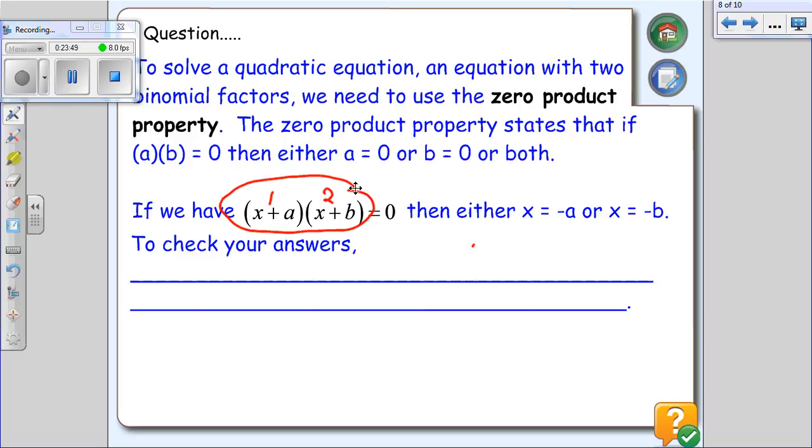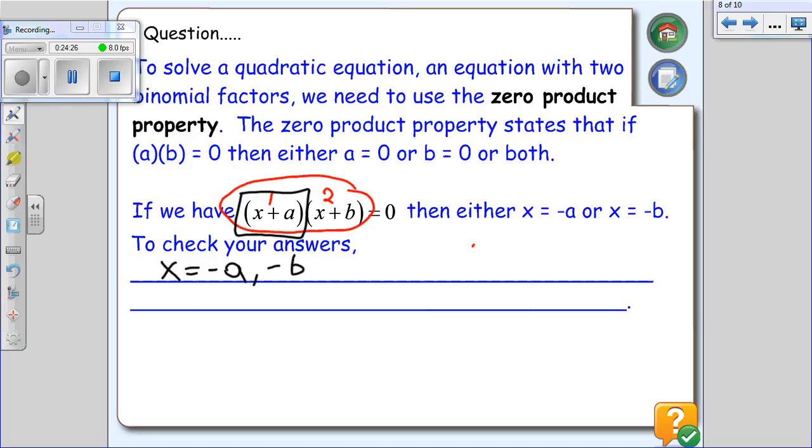So your first answer would be x is equal to -a. What's another answer it could be? X could be -b, because that would make the second one 0. So if you can make either binomial 0, that's your answer. So this actually has 2 answers. The answers are x equals -a and x equals -b. So you have 2 answers for these quadratics.